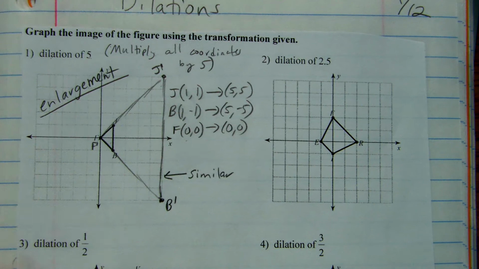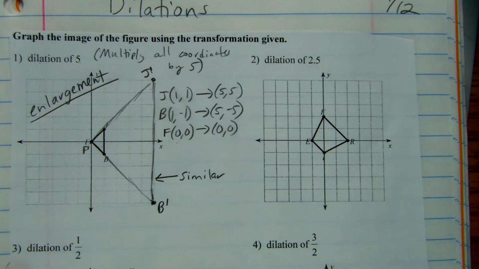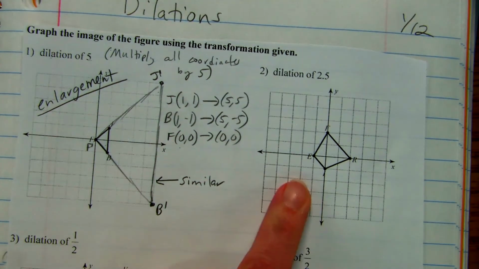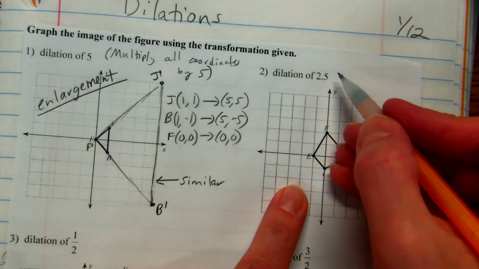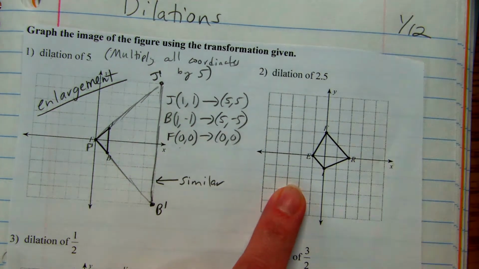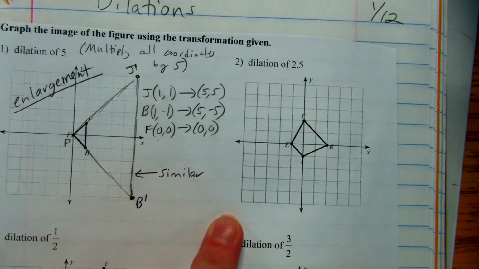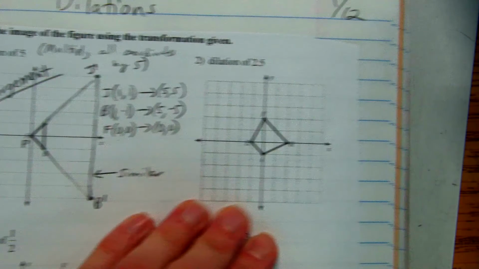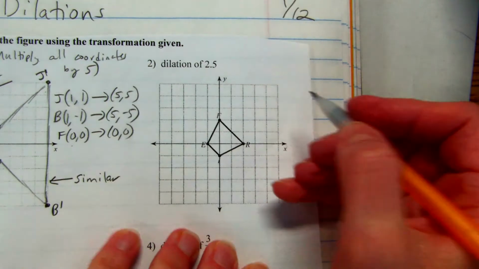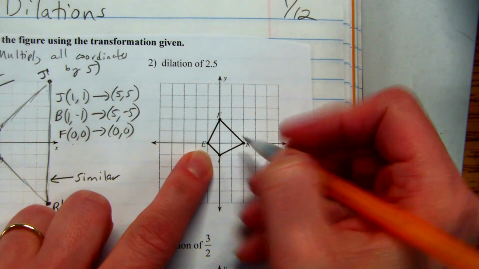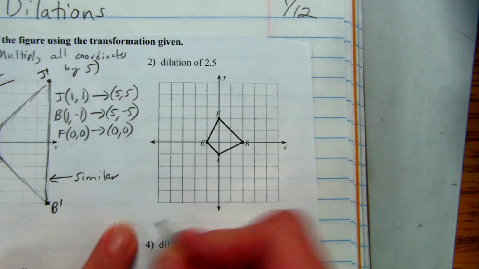So, let's go ahead and look at number 2. This is a dilation of 2.5. That means we're going to multiply all the coordinates by 2.5. I didn't leave myself a lot of space over here, but we'll figure it out. Let's start with F up here at the top. Here, I'll do it down here.